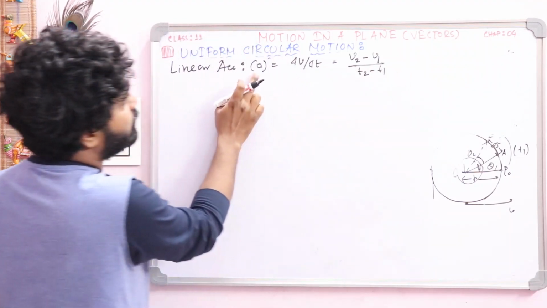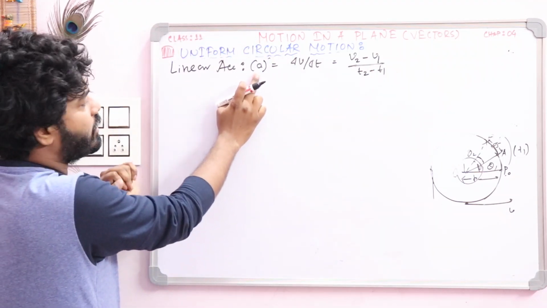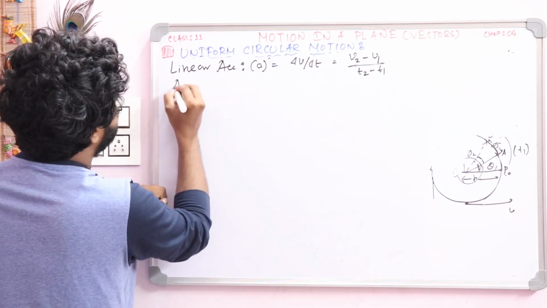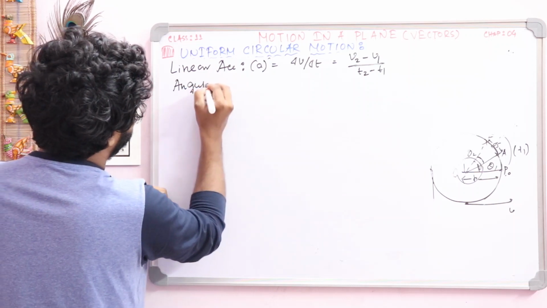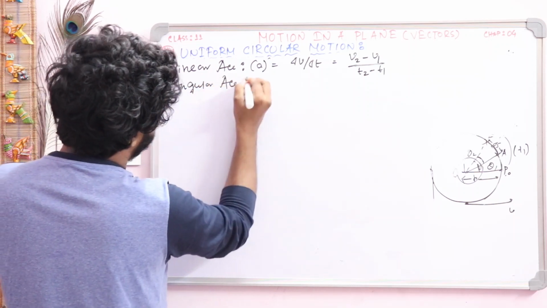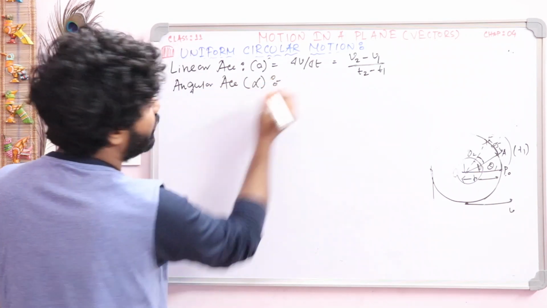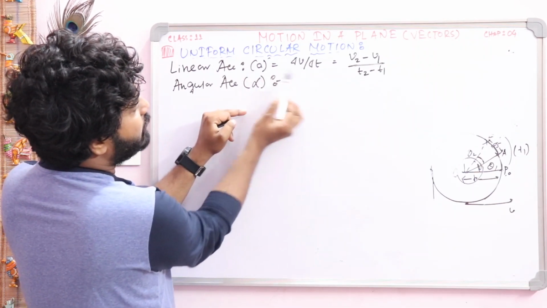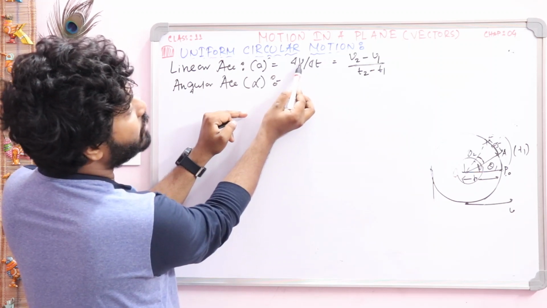And this is all about average linear acceleration. Now, angular acceleration, which is denoted by the symbol alpha. So you see the definition. Acceleration means the time rate of change of velocity.